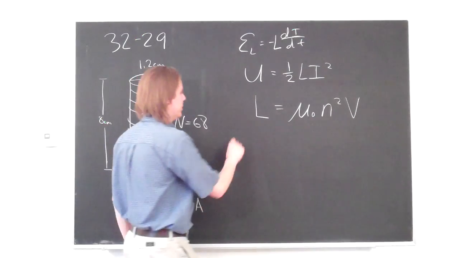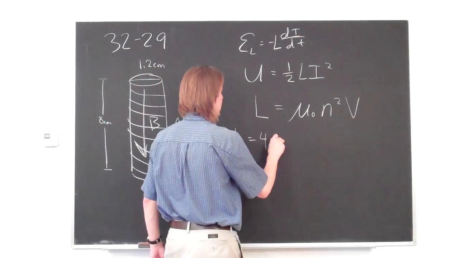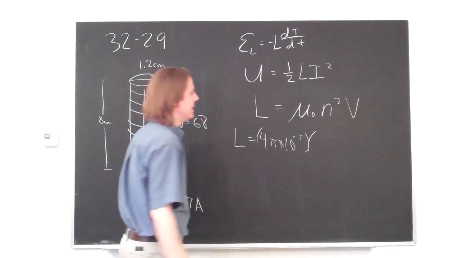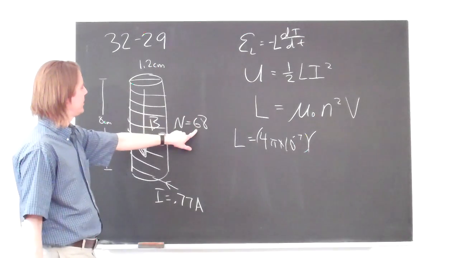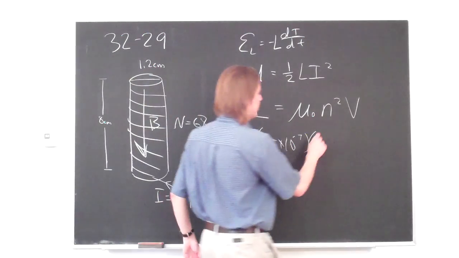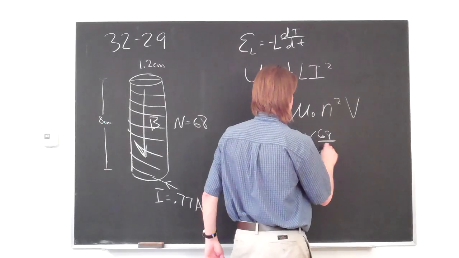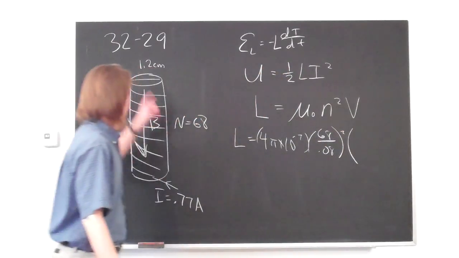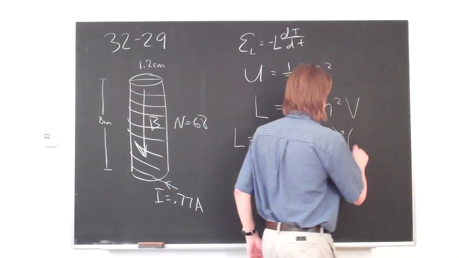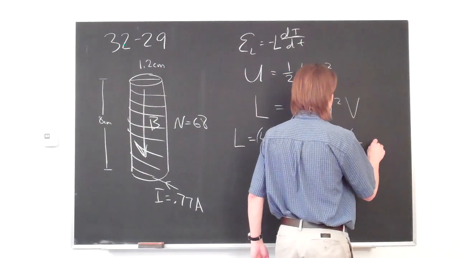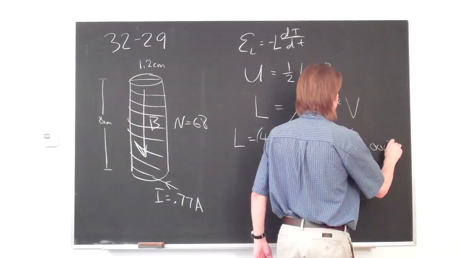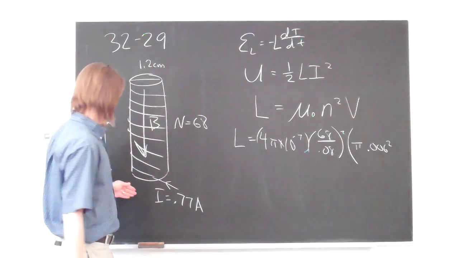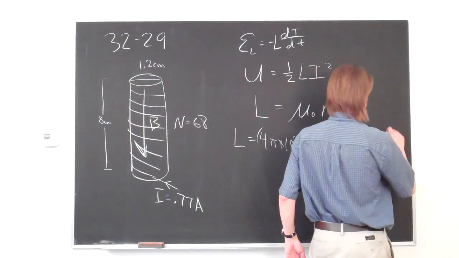So let's see, if you do it that way, L is 4 pi times 10 to the minus 7. What is n? n is turns per unit length, so it's 68 over 8 centimeters. And we'll do everything in MKS. And the volume is pi times 0.006 squared, that's the radius in meters squared, times the length again, 0.08.